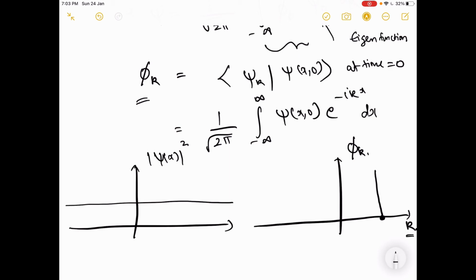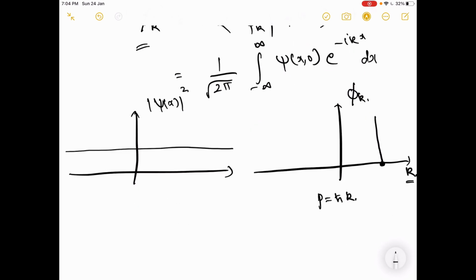It has a very specific k value, or the momentum p equal to ħk. So if the particle is completely delocalized, if it goes in x from minus infinity to plus infinity, it lives everywhere, and you cannot tell with certainty where it exists in this 3D space. Then it will have one unique k vector. This is the plane wave. A plane wave can exist everywhere, since the modulus of e to the power ikx is 1.